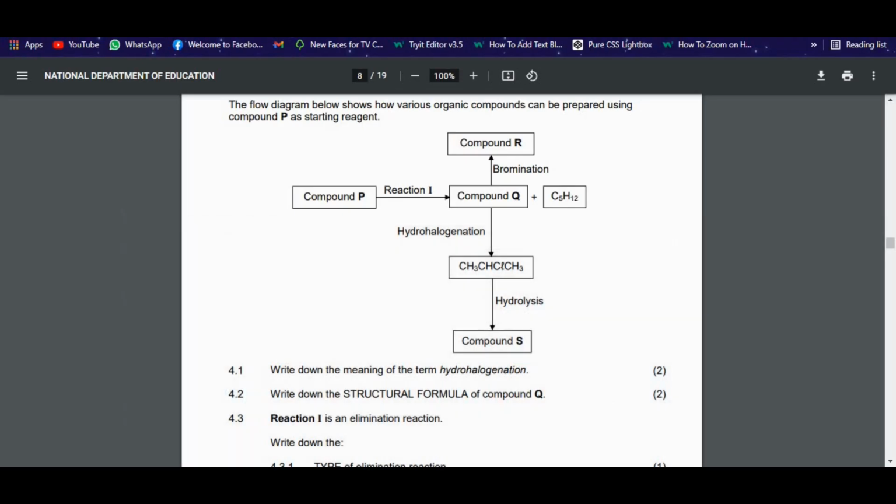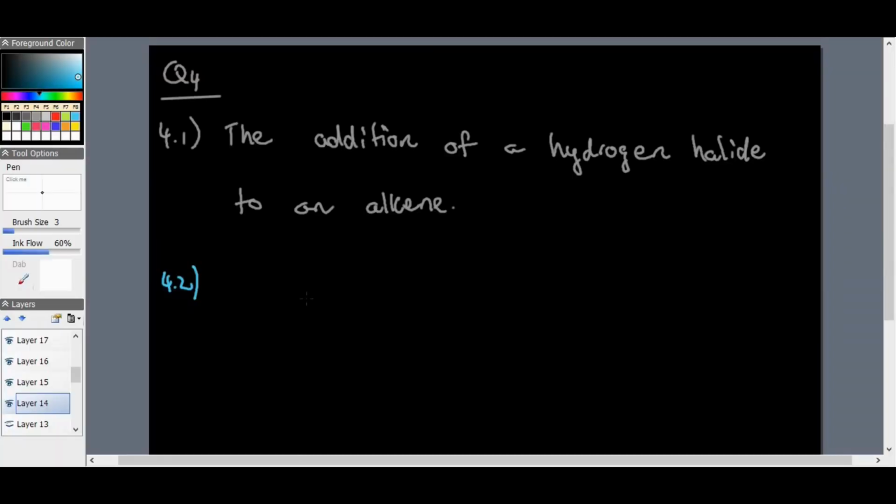And let's see what else helps us with the question. So we've got an alkene there, plus C5H12, and hydrohalogenation comes down here. 1, 2, 3, 4. That looks like it might be a methyl on there. CH3, CHCl, CH3. Oh no, sorry, it's 1, 2, 3. That's chlorine. Sorry, I counted the C in chlorine as carbon. 1, 2, 3. So that should help us with compound Q. It's definitely 3 carbons.